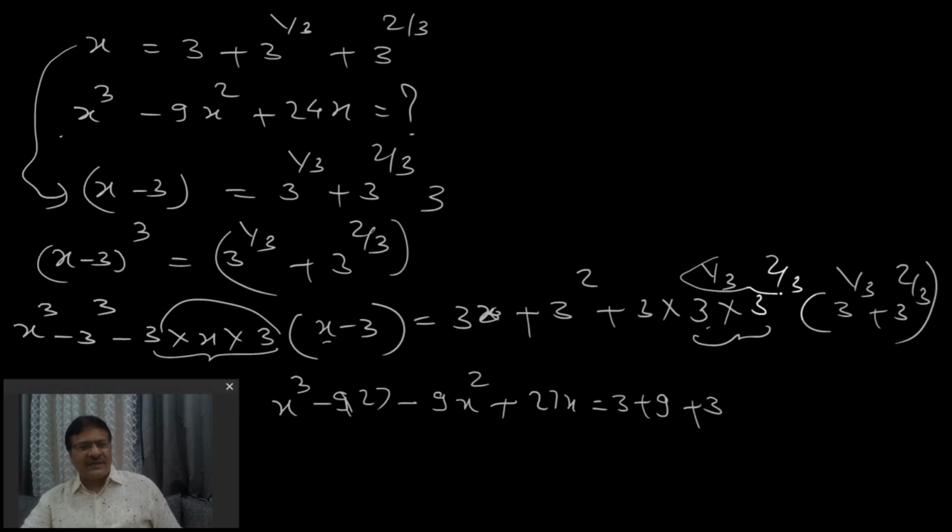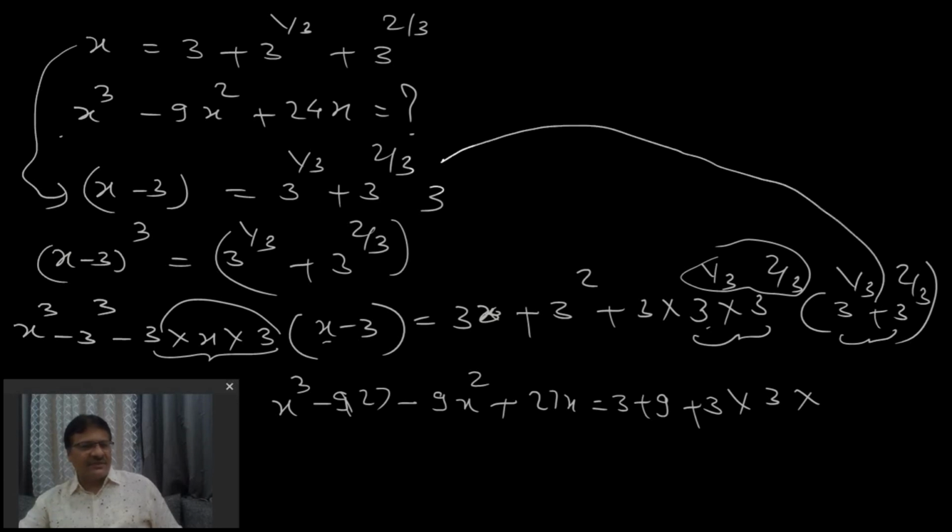Bases are same, power, if I add, then 1 by 3 plus 2 by 3 is 1. So this would be again 3 power 1. And this value can be taken from this: see, this 3 power 1 by 3 plus 3 power 2 by 3 is equal to x minus 3. So instead of this I can write x minus 3. Now I can get the answer definitely.